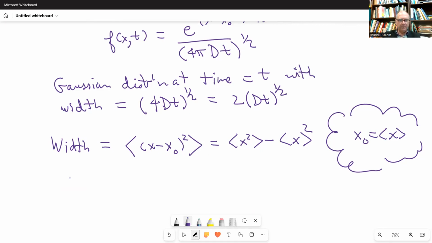Okay, so we need to work out what this is. This is simply defined to be the integral over x of the distribution at time t, because this is time t. Okay, that's not explicit here, but there is a time dependence because the distribution is varying with time, times x squared.